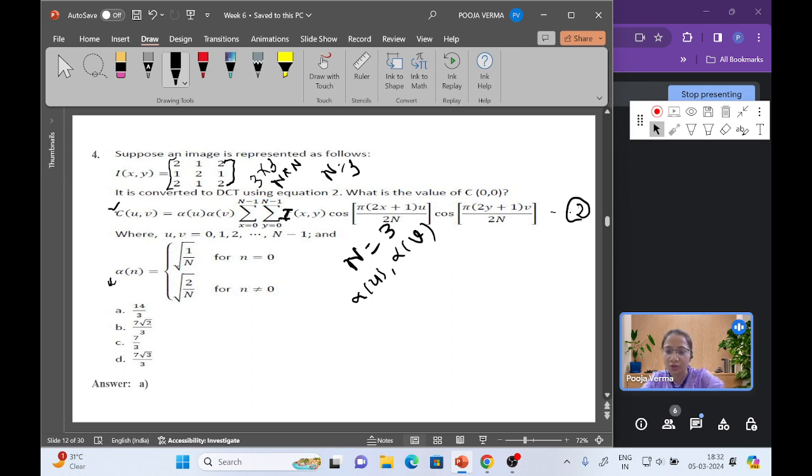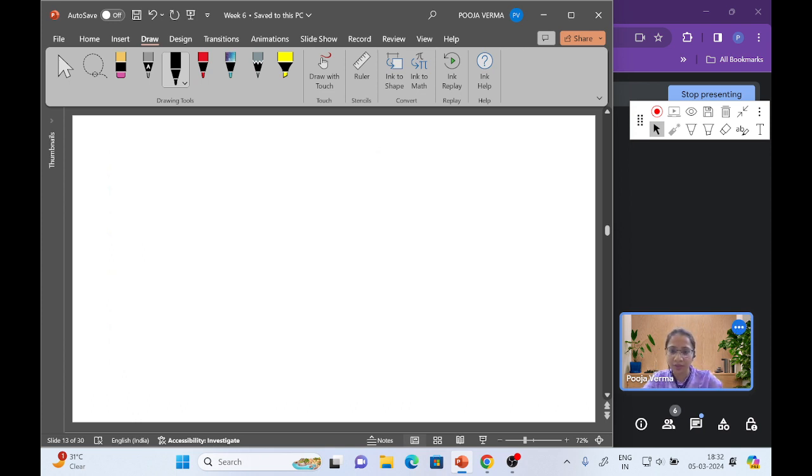Okay, so let's solve this question. See what we will get. Please carry a calculator in order to solve this question. C(u,v). We can take it in the slide, otherwise we can't calculate this.